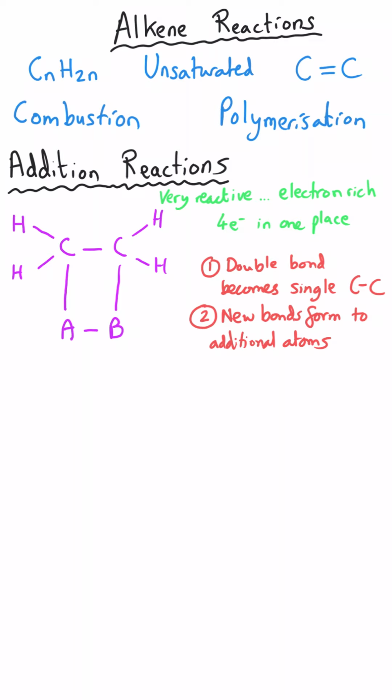And so both of the carbon atoms form an extra bond, one to A and one to atom B. And then what has to happen to finish this job is that the original bond between A and B has to be broken. And so that's the overview of an addition reaction.